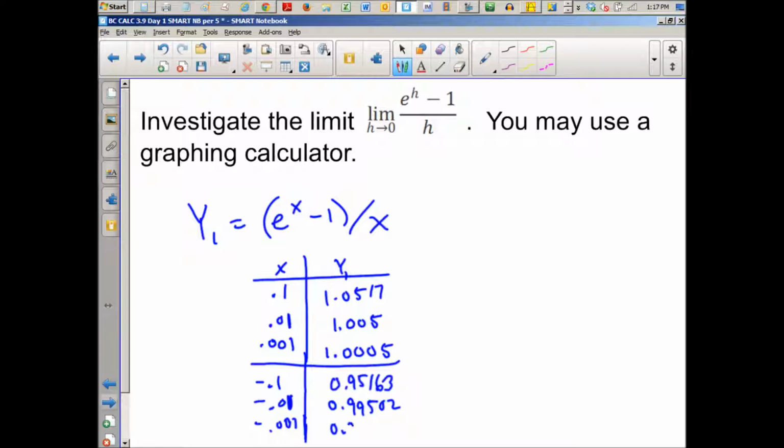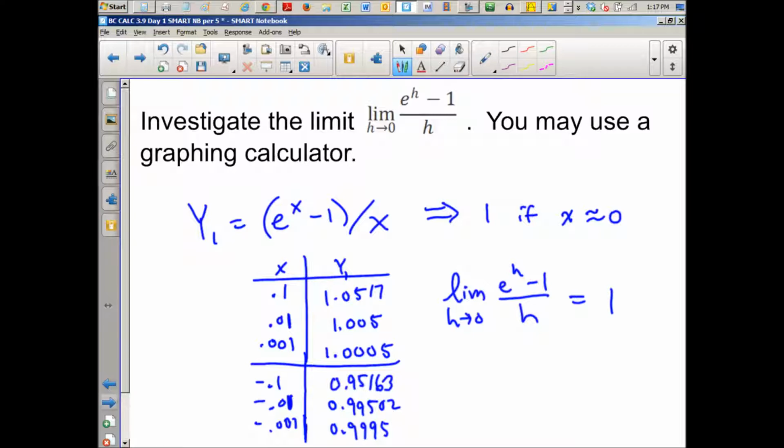And this is 0.9995. So I am pretty sure that this limit is what? What do you guys think? Pretty sure that this is 1, if x is approximately 0, right? So we write that like this. The limit of e to the h minus 1 all over h equals 1.